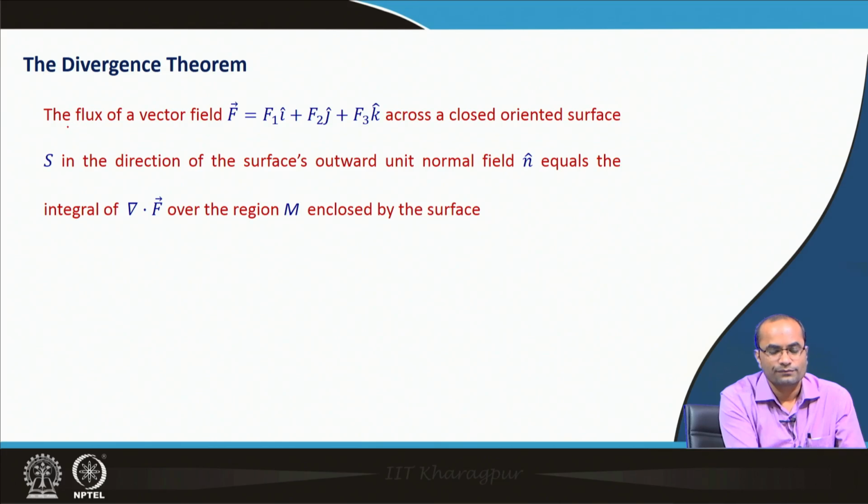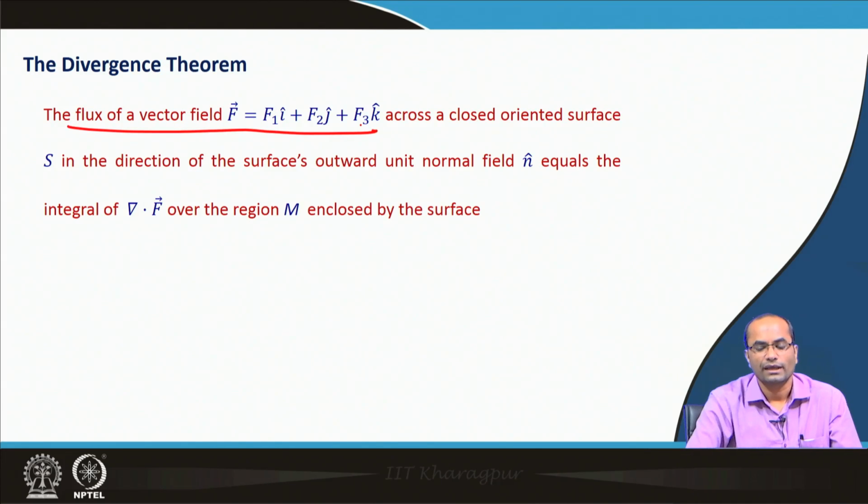The flux of a vector field f1, f2, f3, the 3 components, across a closed oriented surface. These terms we have already discussed before. We have a closed surface and it is oriented. So, we have the normal, which is normally defined in 2 dimensions.